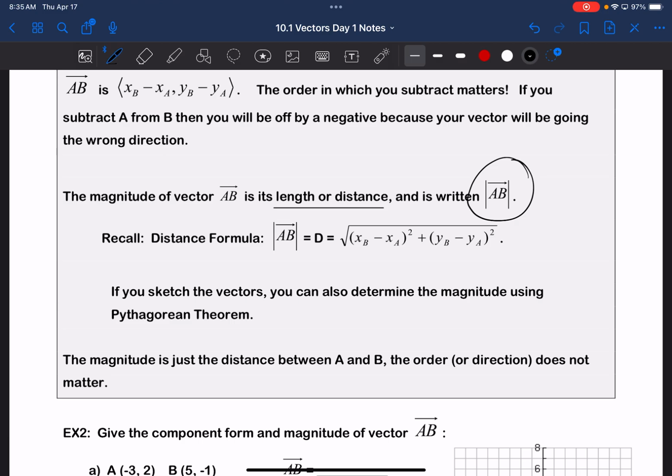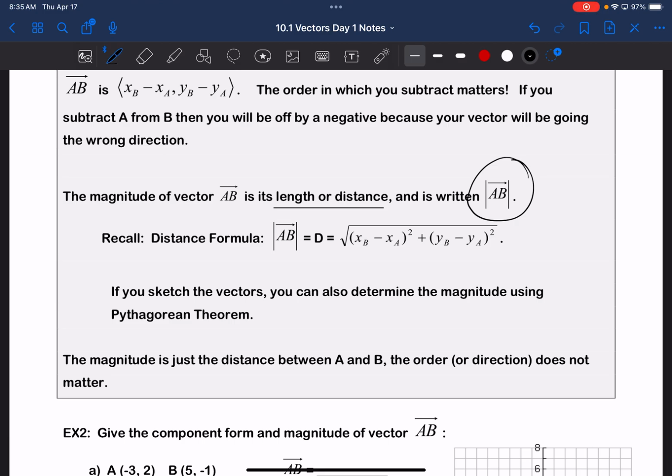Back in geometry, you learned this distance formula, which is actually derived from your vector, right? Still x is subtracted, y is subtracted, but we square them, add them together, and take the square root. Well, if I'm squaring something, it doesn't matter if I got a positive or a negative. When I square it, it becomes positive, right?